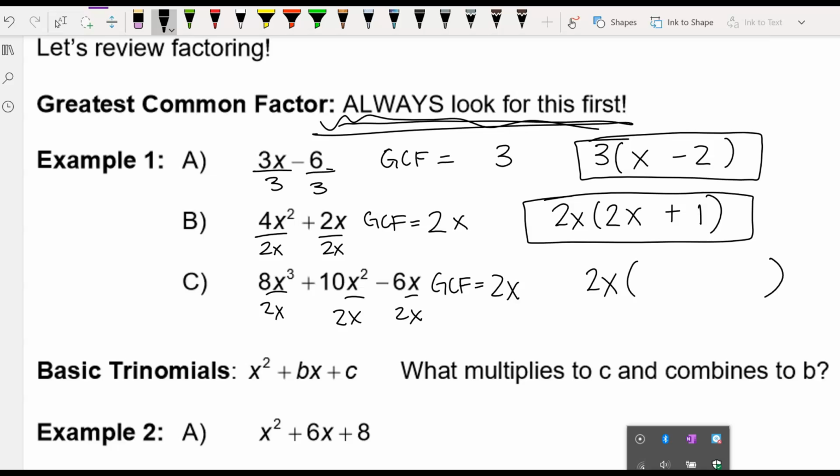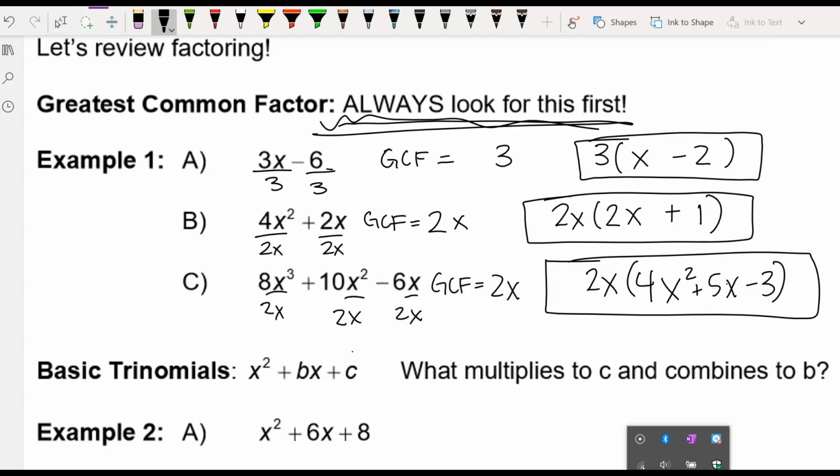And then 8 divided by 2 is 4. X to the third divided by x is x squared. 10 divided by 2 is 5. And then x squared divided by x is a single x. And then negative 6 divided by 2 is negative 3. And then the x's divide out to be a 1.